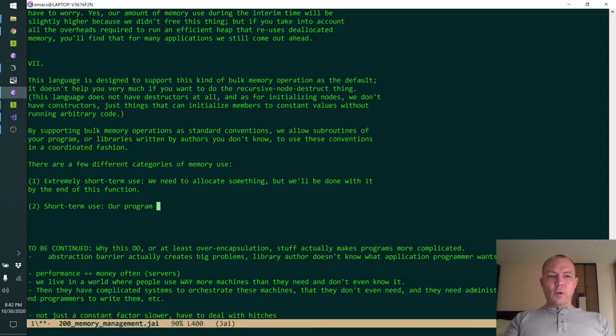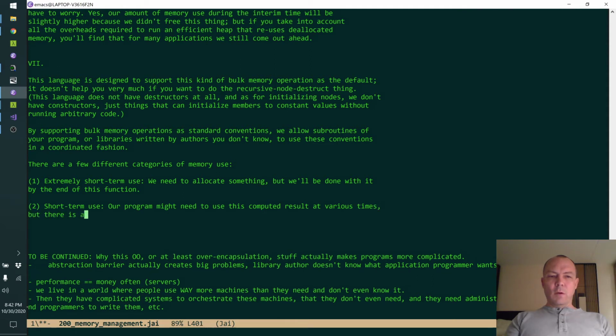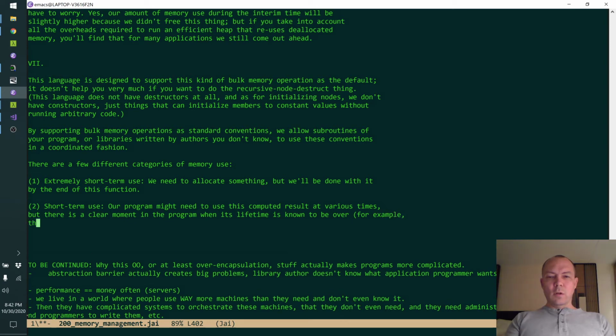Our program might need to use this memory, this computed result, at various times, but there is a clear moment in the program when its lifetime is known to be over. For example, the end of the main loop in an interactive program.